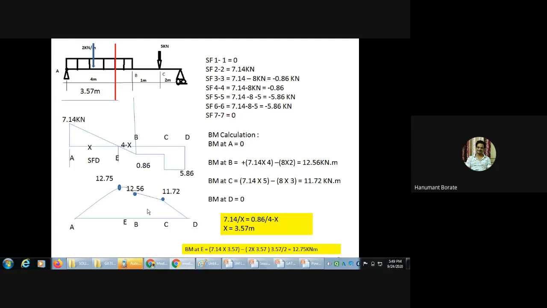To calculate the point of contraflexure, we need to take a section anywhere. Generally, take the section in a UDL span.